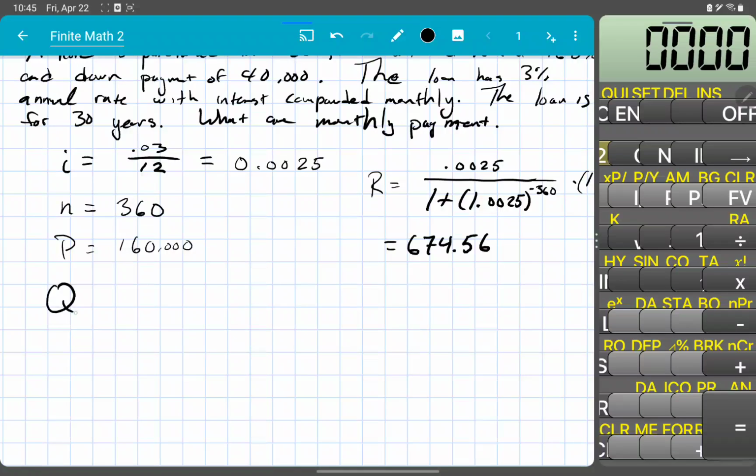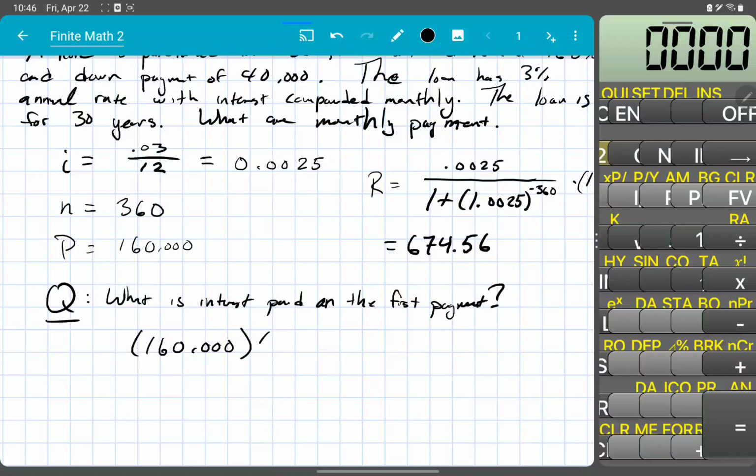One question to ask: what is the interest paid on the first payment? We pay $674, and how much of that goes to interest? Well, let's look at this. Our loan is $160,000, and we have 1 month of interest.